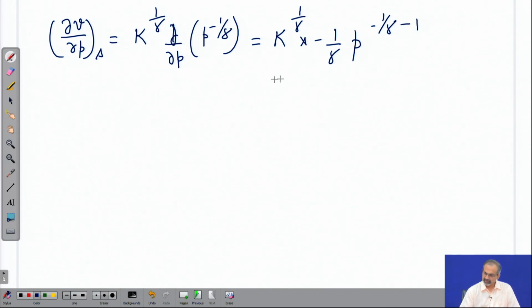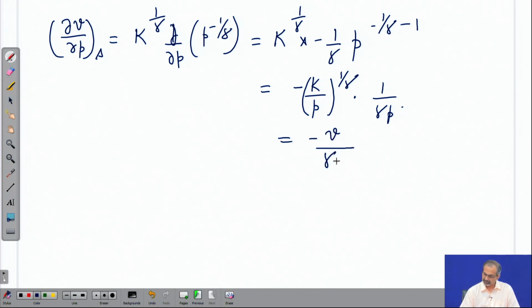So, finally, you can rearrange it into K by P whole to the power of 1 by gamma into 1 by gamma P, and that can be further represented as V by gamma P. So, finally, what you have is tau. When you substitute this into the tau equation, what you get is 1 by gamma P.